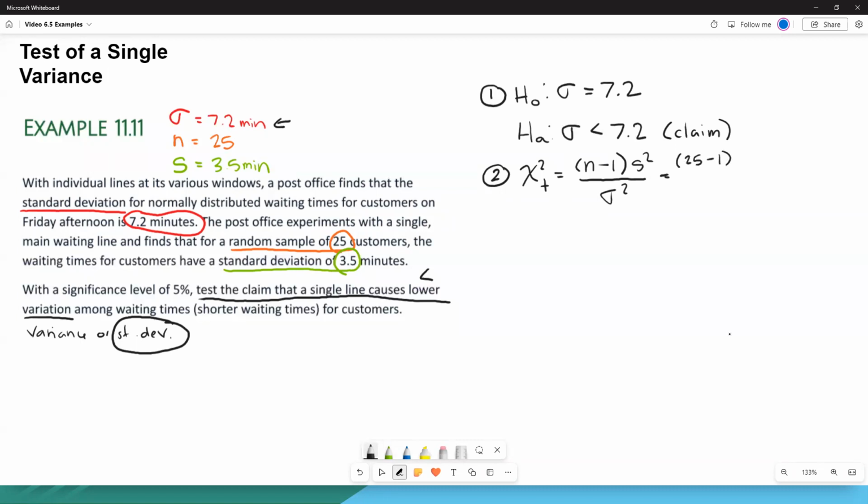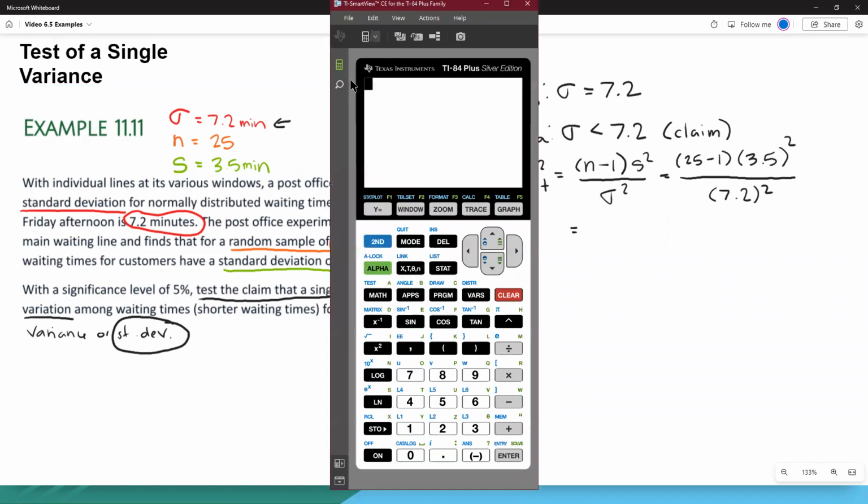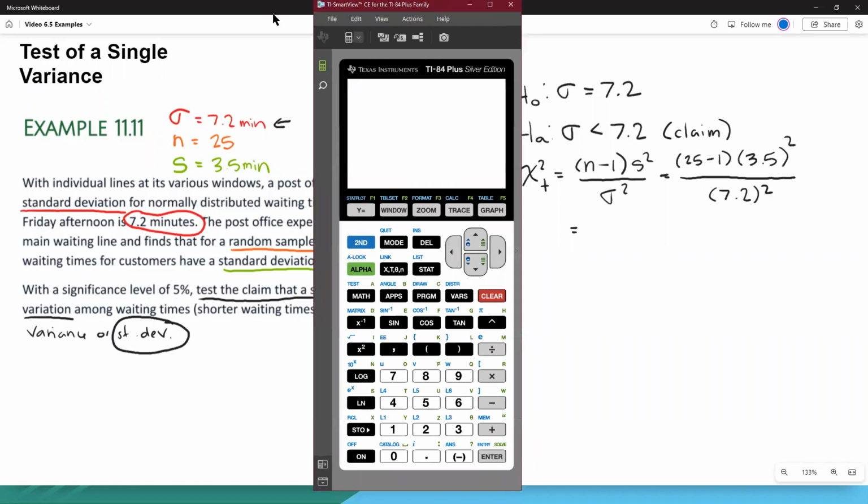We know that our standard deviation s is 3.5, and I need to square that. And then in the denominator, we know our population standard deviation sigma is 7.2, and we're going to need to square that. So I'm going to go ahead and grab, for this problem, my TI-84, and we're going to plug that information in.